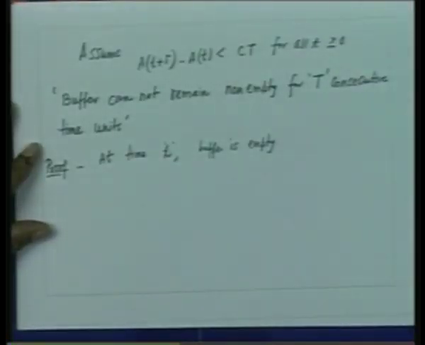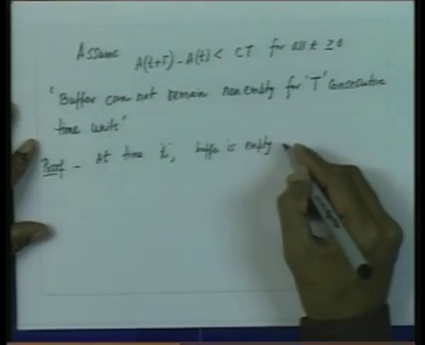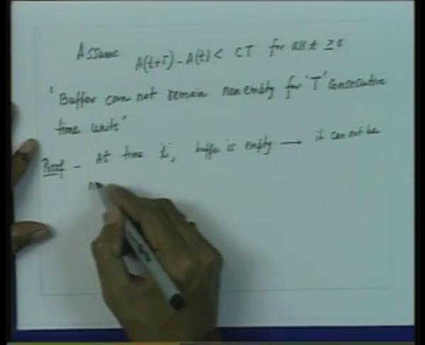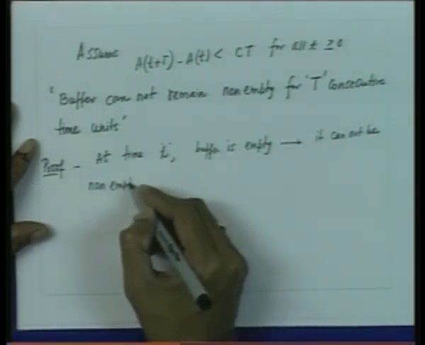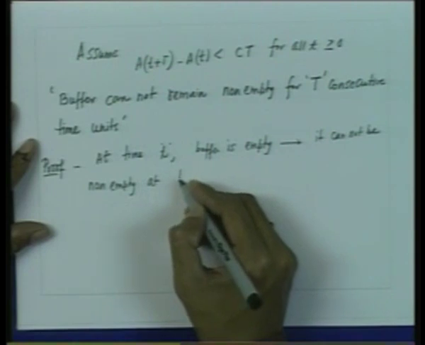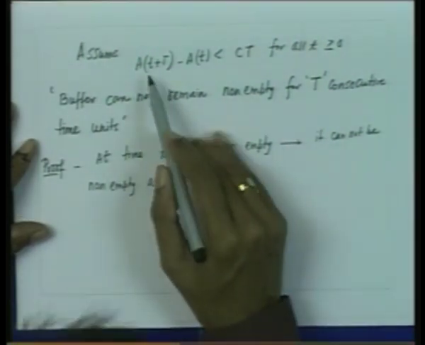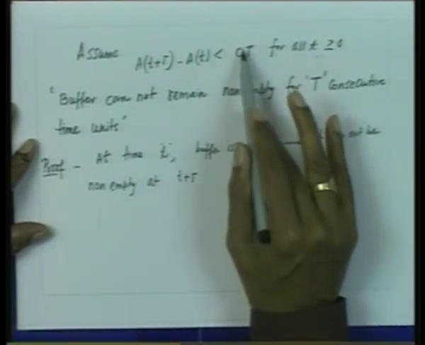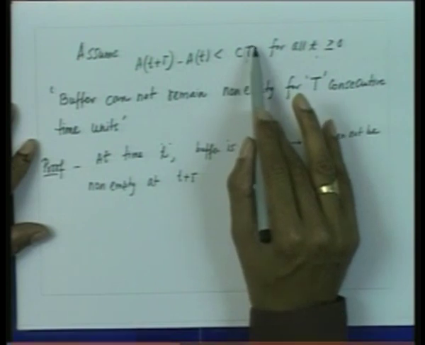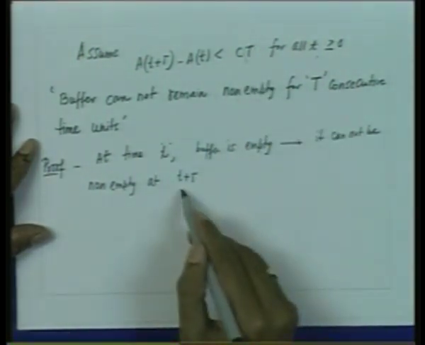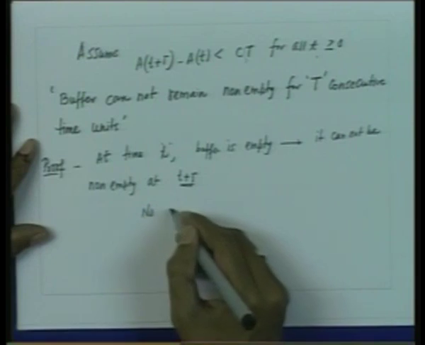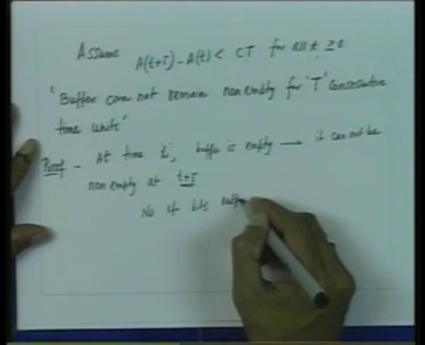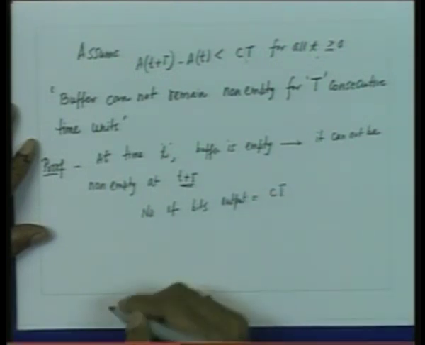Then we would like to prove that it cannot be non-empty at t plus T, where T is such that A(t+T) minus A(t) is less than C T for all T. So we are already admitting a substantially large value of T. Now during this interval, how many bits have been transmitted? The number of bits which have been outputted is C into T.